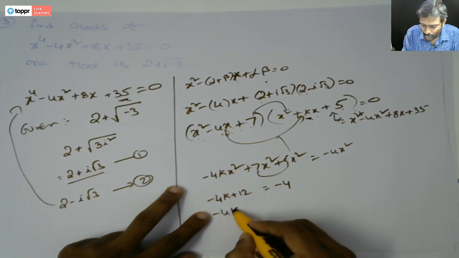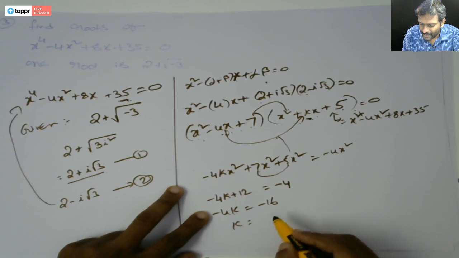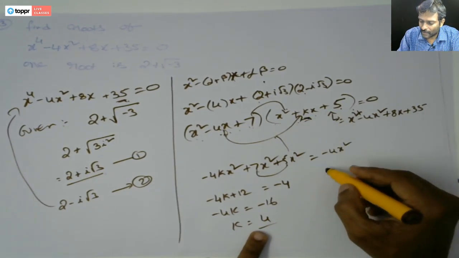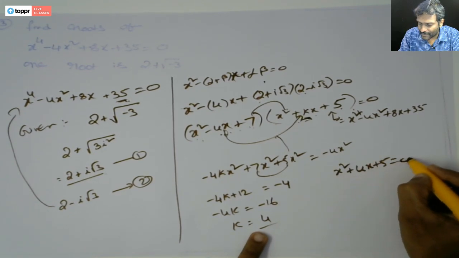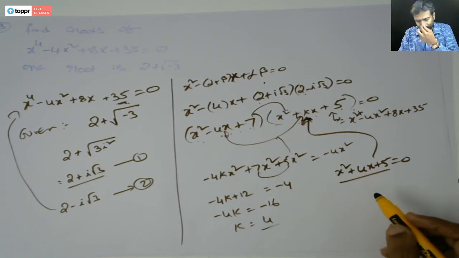So minus 4k would be equal to minus 16. So k is equal to 4. So I have my value of k here. So what do I get? x square plus 4x plus 5 is equal to 0 is my other expression, right?